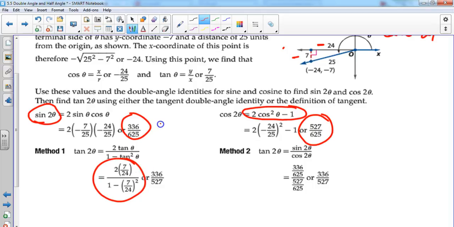Or if this is the sine and this is the cosine, can we just do y over x? And remember, when you flip everything over, the denominators will cancel. We end up with 336 over 527. I kind of like method 2, rather than having to simplify that mess when you're finding tangent.